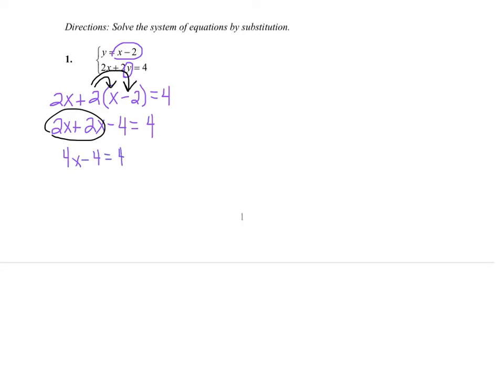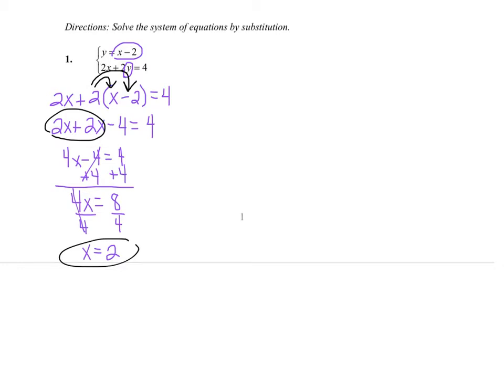Now you have a two-step equation here. So our next step is to undo subtraction by adding 4 to both sides. We have 4x, and 4 plus 4 equals 8. Last step is to divide. The 4's cancel. Therefore, x equals 8 divided by 4, which gives us 2. So my x value is equal to 2.